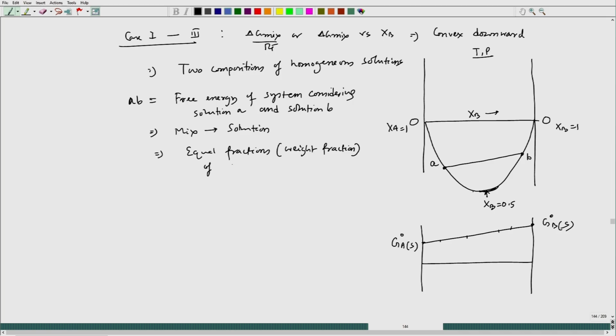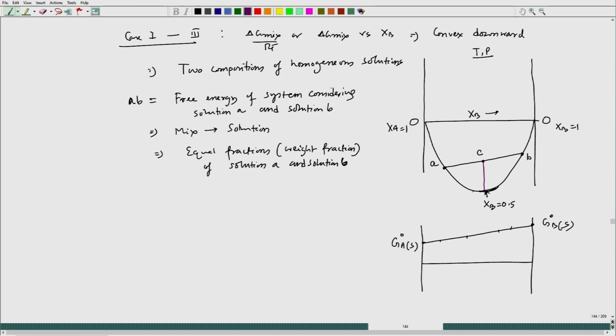That time you will see that the composition of the solution would lie at C point, and if we draw a vertical line, it would coincide with the midpoint of composition.